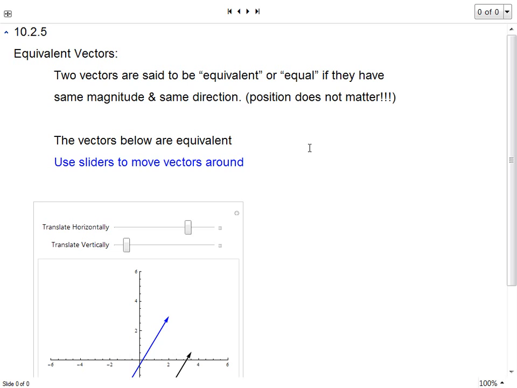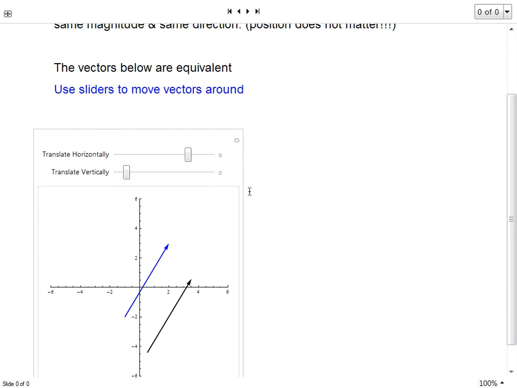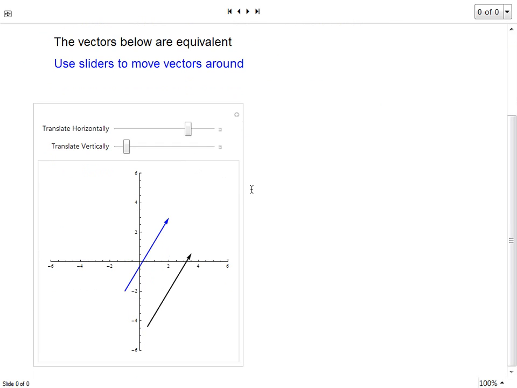The position does not matter. So in two-dimensional space, the black and the blue vectors here are equivalent. They're the same. Even though they are in different places, the fact that they have the same length and the same direction is what matters. So I can move the black one around. Those are still equivalent. Still equivalent. Doesn't matter where I move the black one.